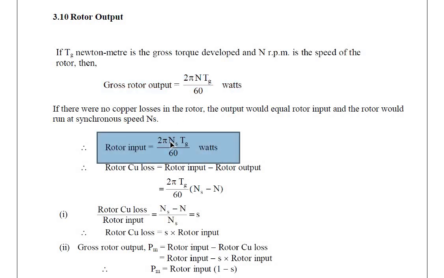The difference between these two equations is that this one is the rotor output at the actual speed N, and this is the rotor input at the synchronous speed Ns. So rotor copper loss is equal to rotor input minus rotor output.